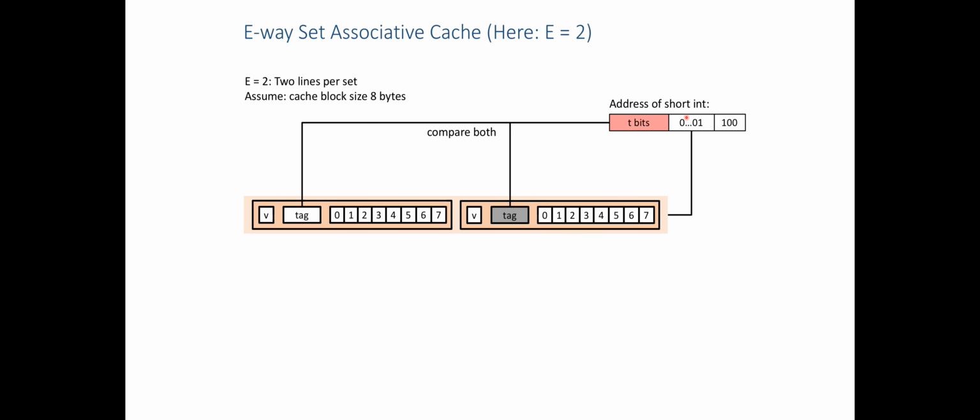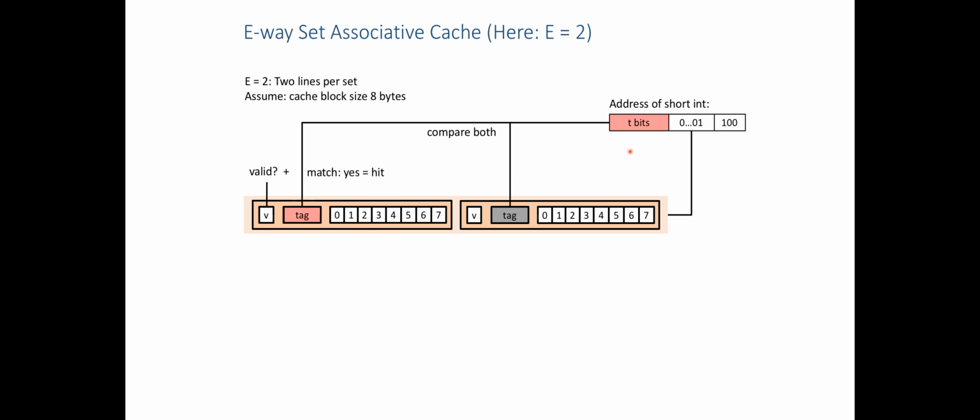But this is fairly sophisticated hardware, and this is one of the reasons that we haven't gone to much more than 8-way at level 1 cache, because in order to do this simultaneously and quickly, we don't want to have too many of these lines.